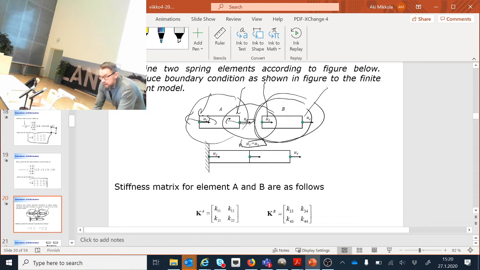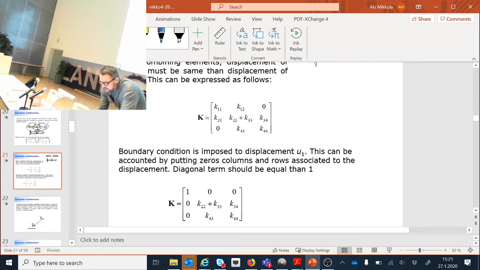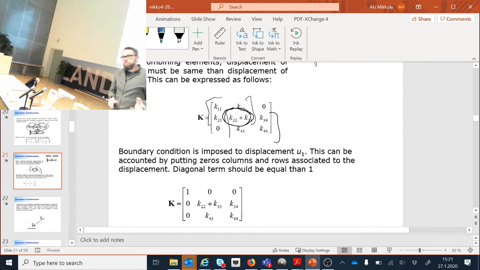At the element level, if this is the stiffness matrix for my first element, and this is the stiffness matrix for my second element, then when I unite these degrees of freedom, the stiffness matrix describing the behavior of the structure will be constructed such that my first element will be here, and my second element will be here. This is where they overlap, and this is the displacement associated with 2 and 3.